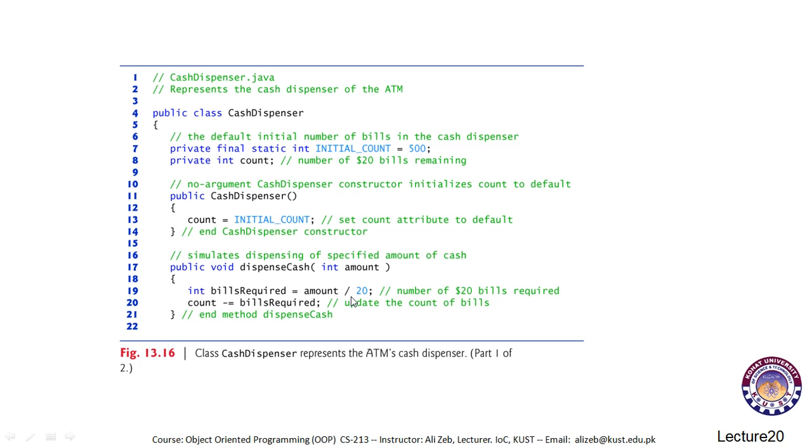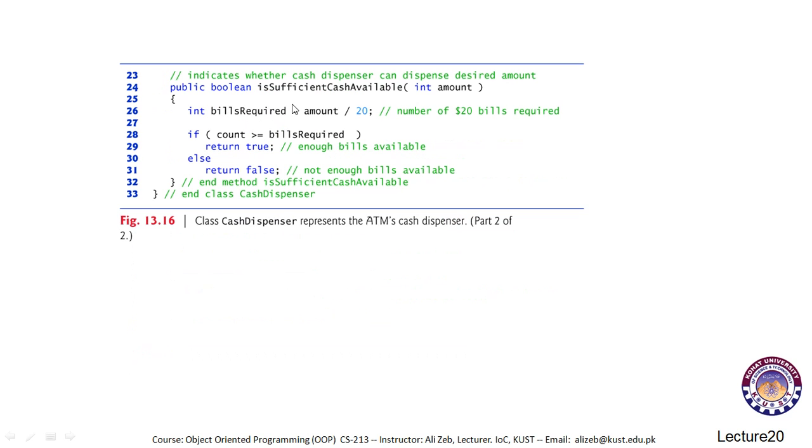In our case we can have a note multiple of 500, let's say in rupees, and the count variable is updated. Similarly, the count variable is updated by subtracting the bills that have been drawn by the user, and we try to make sure that we have sufficient cash available.